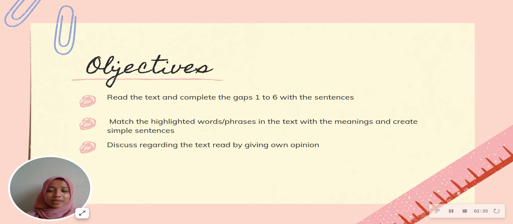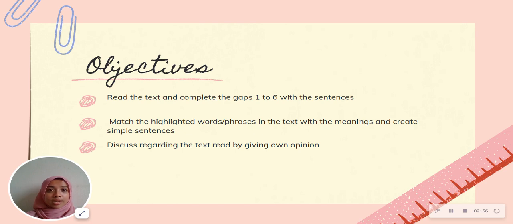So this is the objective of this lesson. The first one is to read the text and complete gaps 1 to 6 with the sentences. As I said before, it correlates with Activity 1. The second objective is to match the highlighted words or phrases in the text with the meanings and create simple sentences.